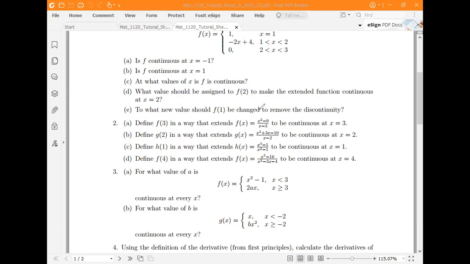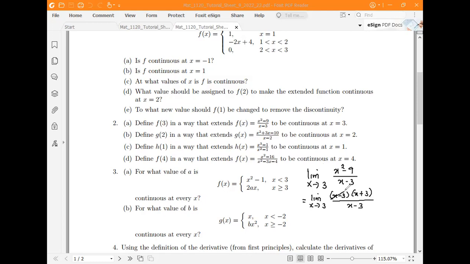Okay, so let's go to 2a. The first thing you do is you get the limit as x approaches 3 of x squared minus 9 over x minus 3. That will be the limit as x approaches 3 of x minus 3 times x plus 3 over x minus 3.